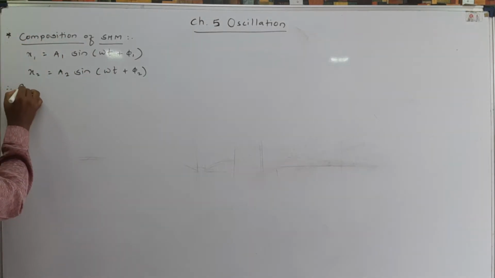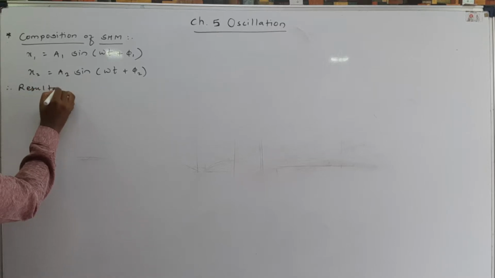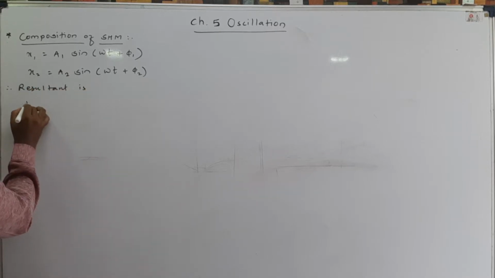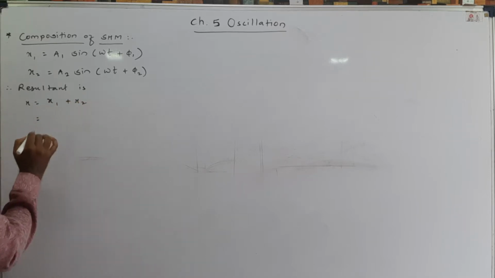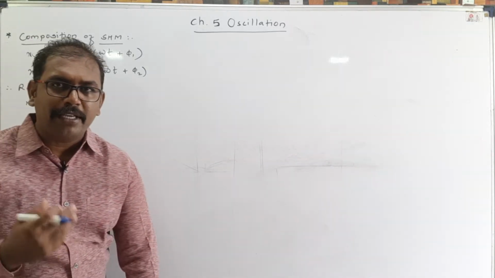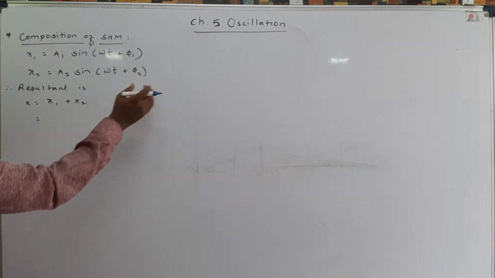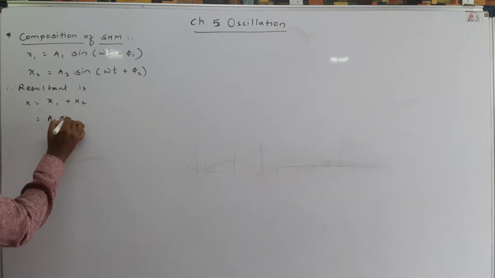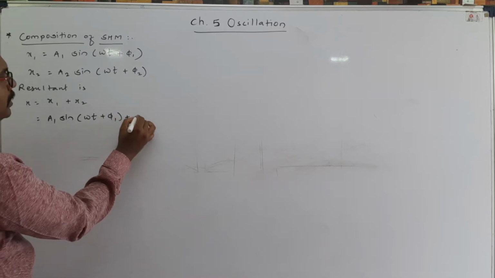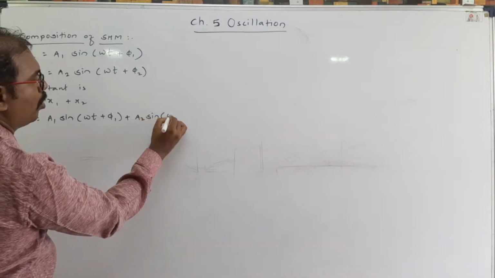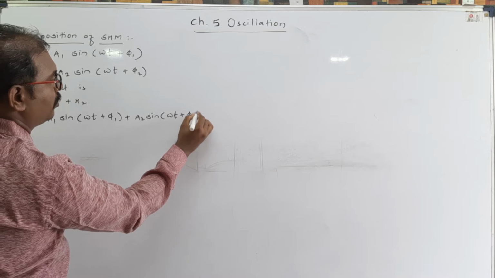Hence, the resultant is X is equal to X1 plus X2. Now, let us substitute the values of X1 and X2: A1 sin(omega t plus phi 1) plus A2 sin(omega t plus phi 2).